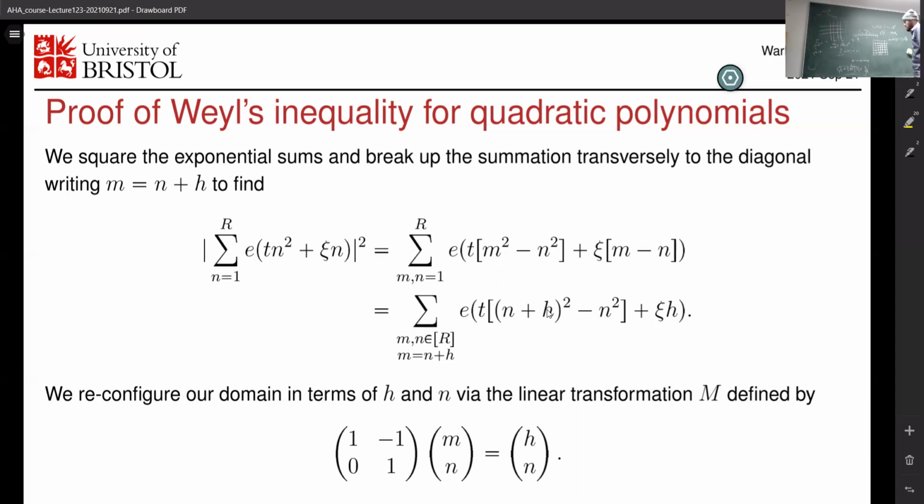I have m going in this direction, and n going in that direction, and I apply a change of variables to the sum. I apply the change of variables by this matrix. My h and my n look a little bit alike, too much alike.